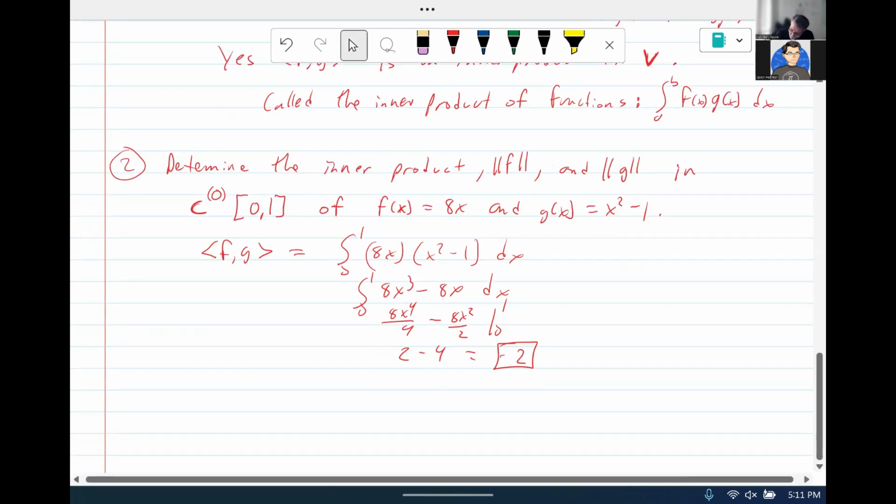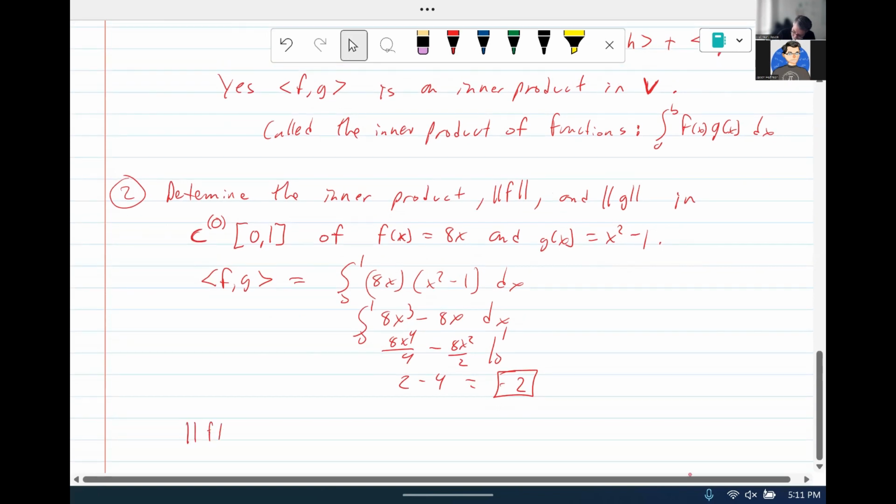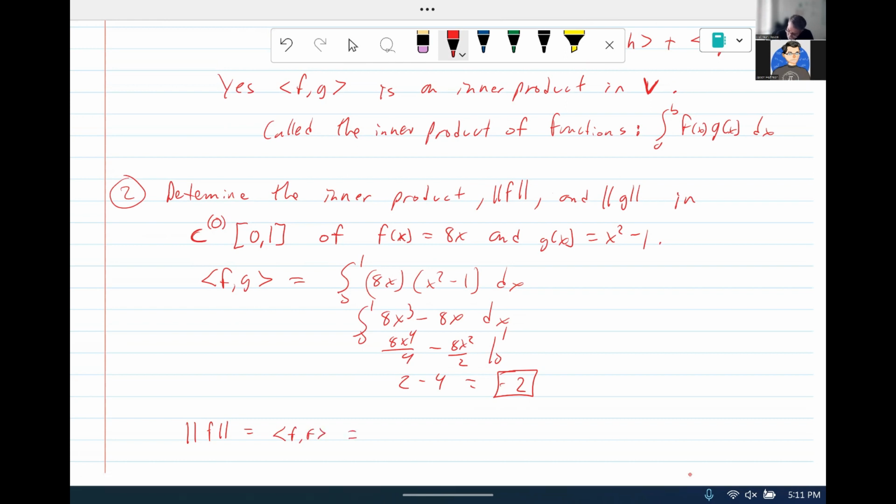What's the norm of f? That's going to be the inner product of f with itself. Actually, the norm should be the square root of that.